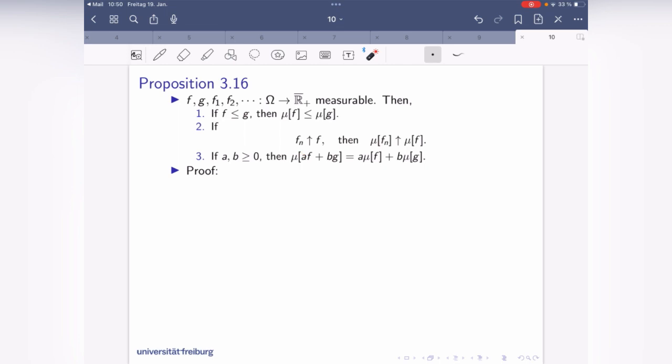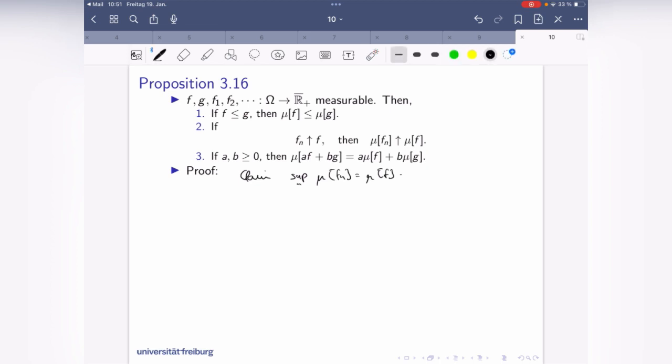So let's look at this here for the proof. The claim is that the sup over all n of mu integrated with respect to f_n equals mu integrated with respect to f. The mu of f_n increases because the f_n's increase and the integral is monotone.